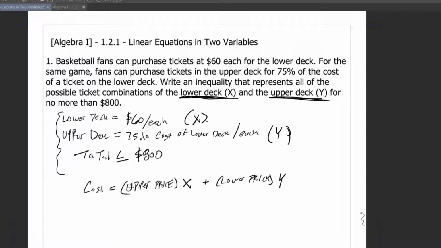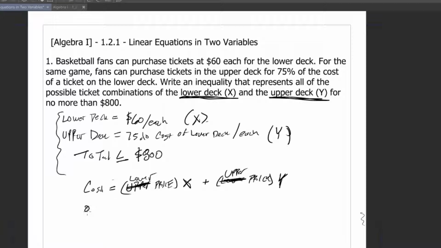Sorry. I switched that up. The lower deck price times X, which is the amount of lower deck tickets sold, and then the upper deck price times the amount of upper deck tickets sold. Okay. So we know that this cost, and I even got this equal part wrong, this cost has to be less than or equal to $800, right?